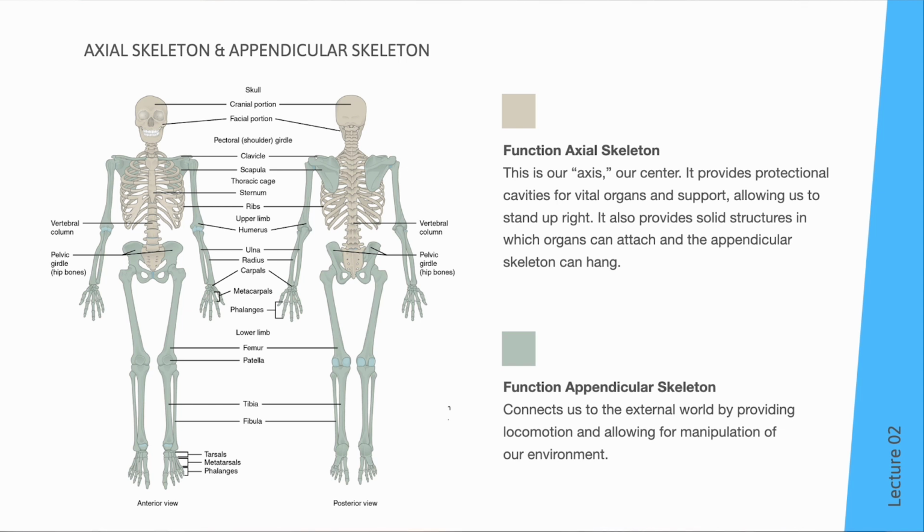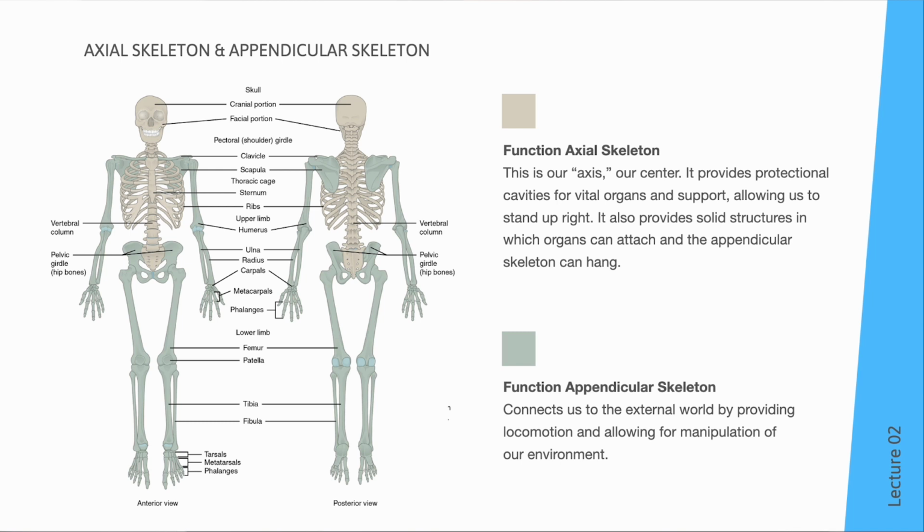And then the appendicular skeleton is the part which makes us move, actually. So all walking, doing stuff, yoga is expressed a lot with the appendicular skeleton. It connects us to the world. Okay, and let's just name it.